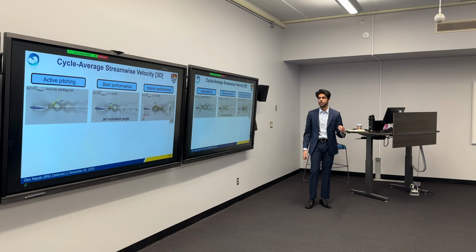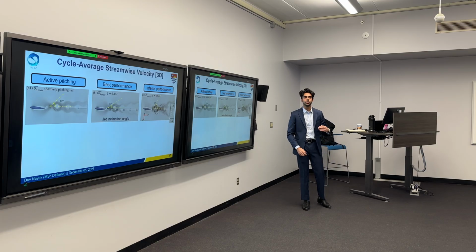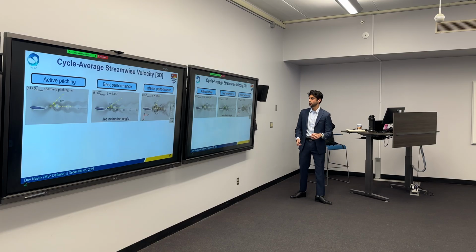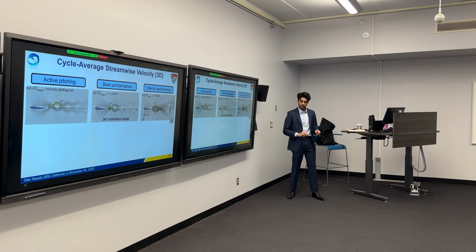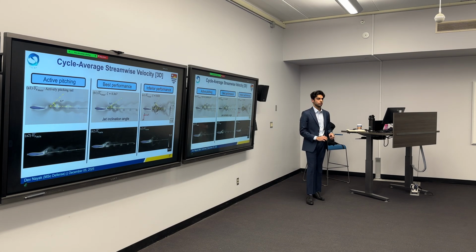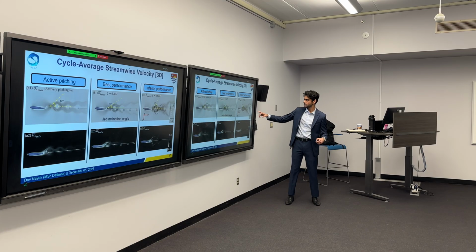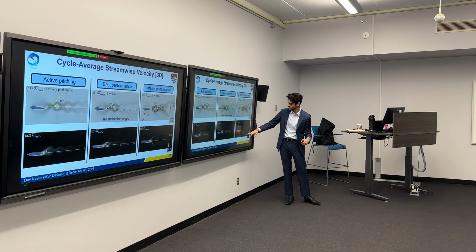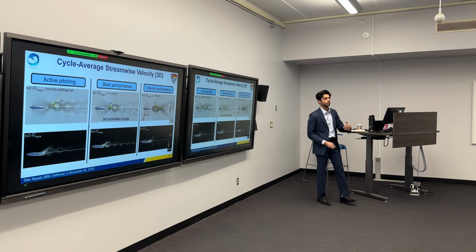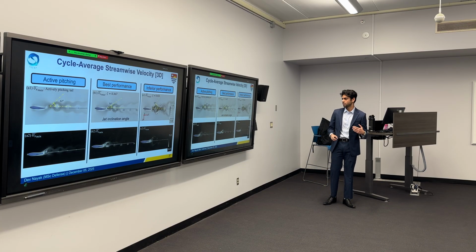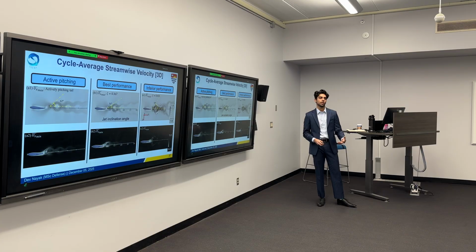Now, in the inferior performing case, we do see a much larger region where the velocity is higher. And when we look at the minimum average velocity, that reflects exactly on the minimum velocity as well. Alongside maximum velocity, there is a region with a wide spread of the minimum average velocity as well.